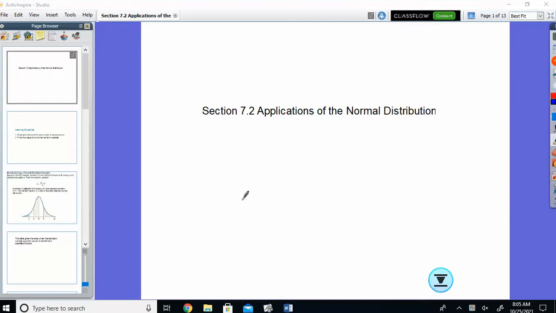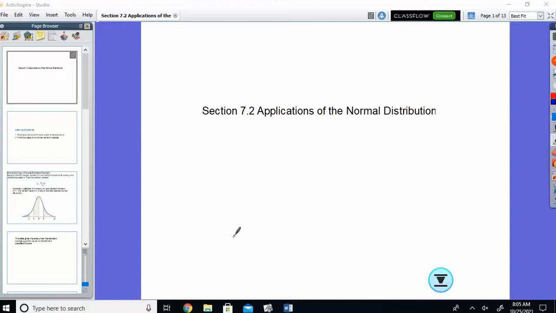So today, we are going to start calculating probabilities from the normal distribution. And what we want to be able to do is use a table to do that. But it's kind of hard. If you're looking at different sets of data, every set of data I take would have a different mean and standard deviation, right?